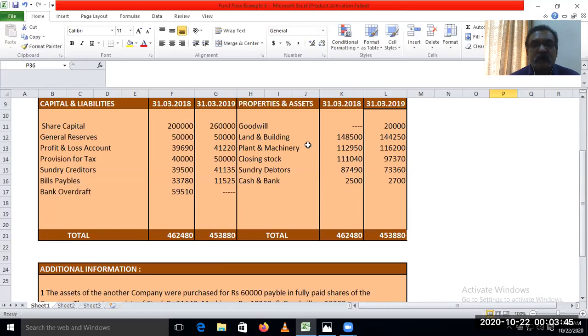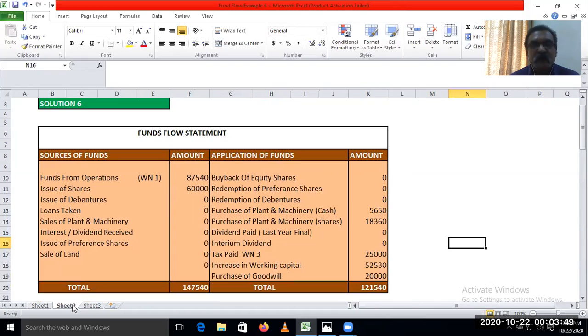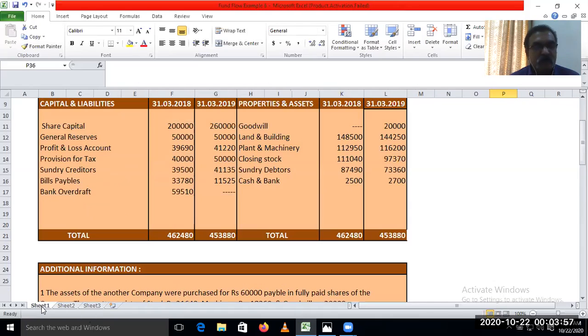For land and building and plant and machinery, we have opened separate accounts, and from those accounts we have already considered these amounts: purchase of plant and machinery in cash and purchase of plant and machinery in shares. There is no purchase or sale in the land and building account. After that, closing stock, sundry debtors, cash and bank. These three items are part of the working capital statement which we have already considered.